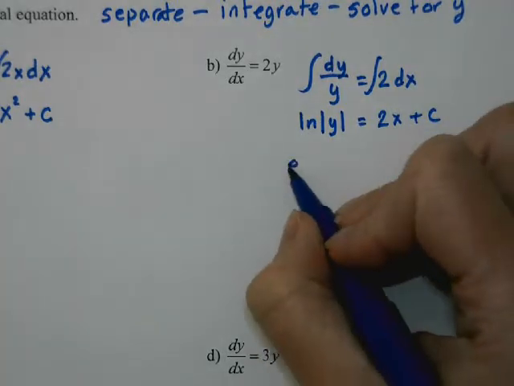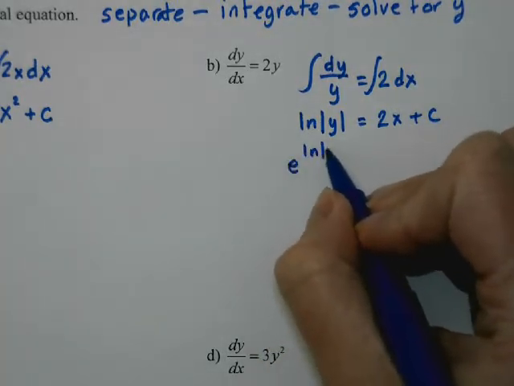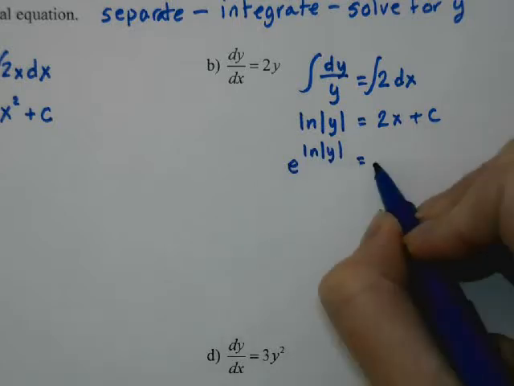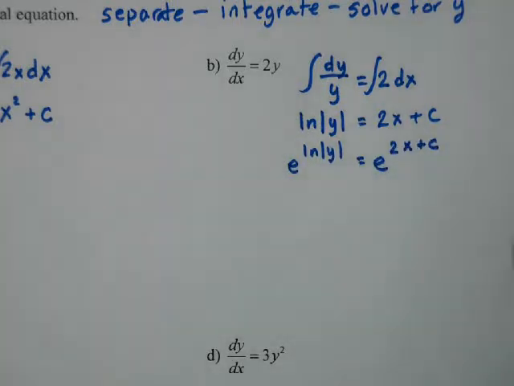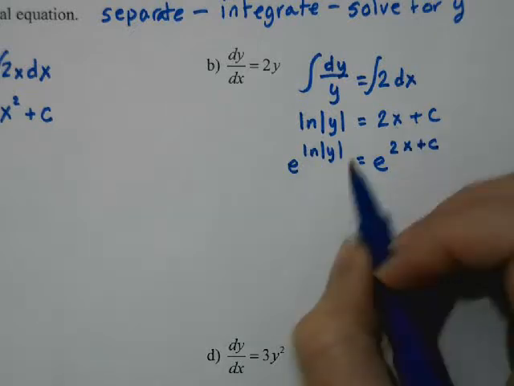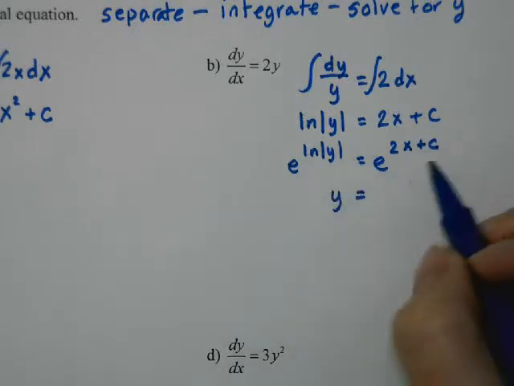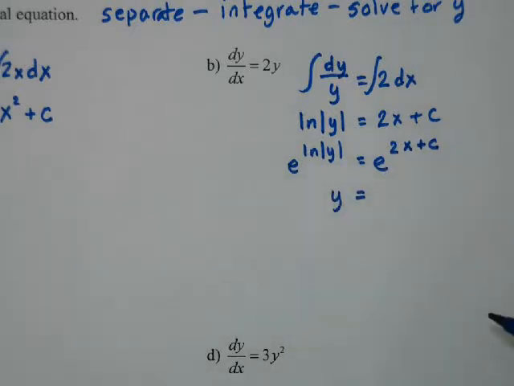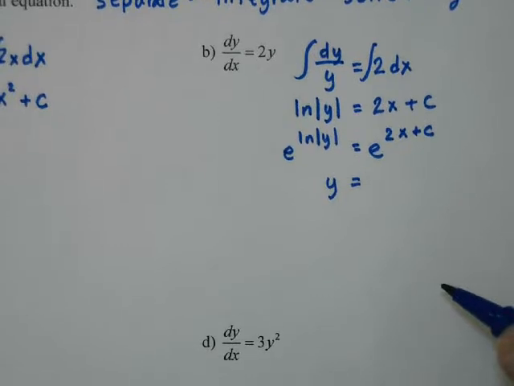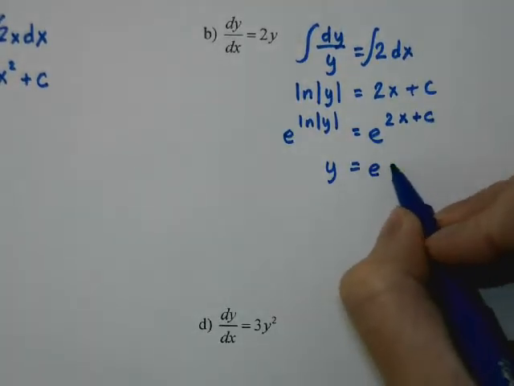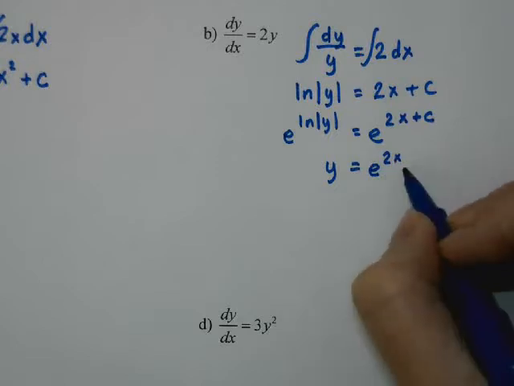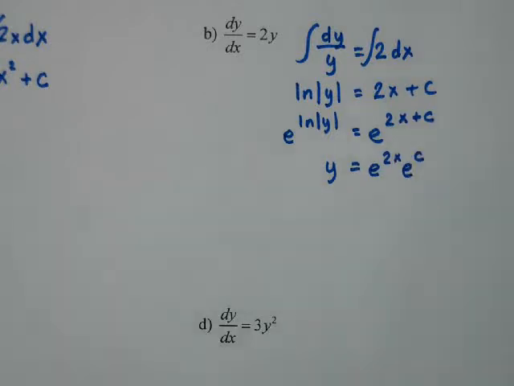We're going to do that by raising both sides to the e. Okay, well, e to the natural log of y is just going to be y. Then we have e to the 2x plus c. This is going to happen a lot in these equations. So I want you to consider rewriting this as e to the 2x times e to the c.